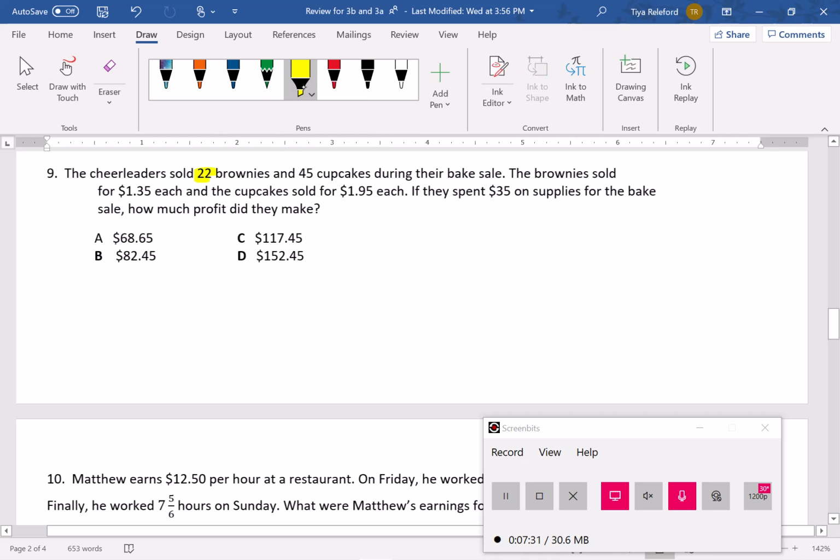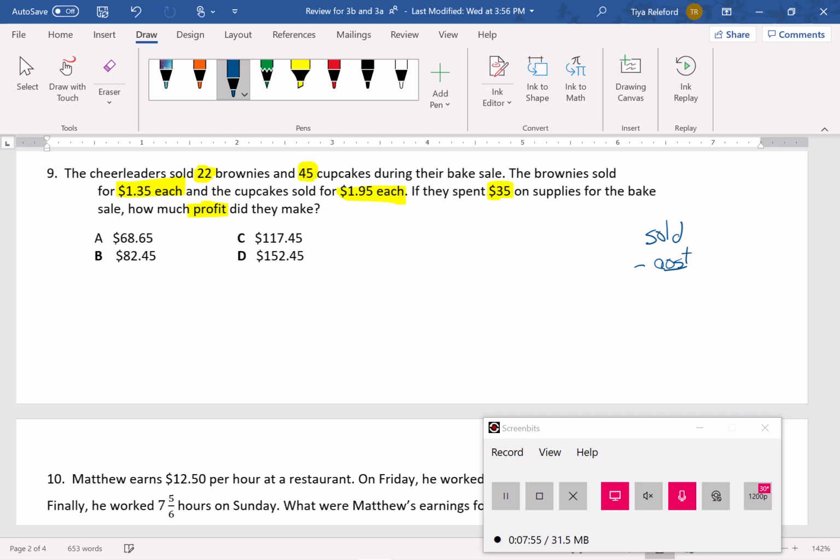The cheerleaders sold 22 brownies and 45 cupcakes. The brownies sold for $1.35 each, and the cupcakes sold for $1.95 each. They spent $35 on supplies for the bake sale. How much profit did they make? Profit is what you made, how much you sold, minus your cost.